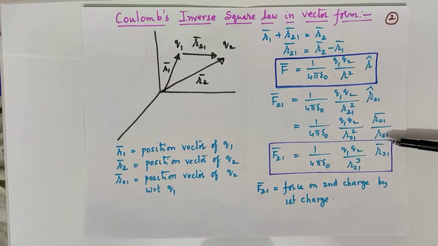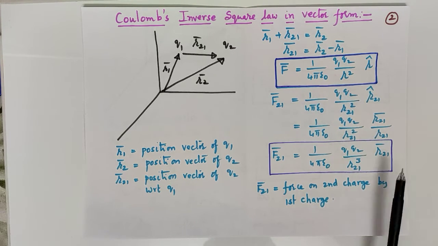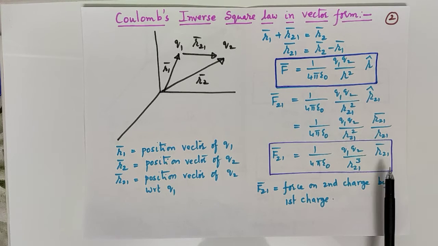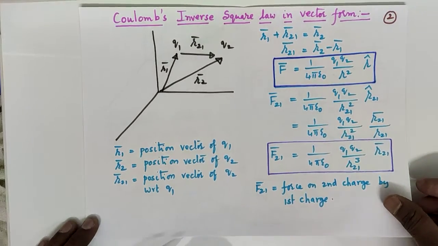Vector divided by its own magnitude. When you simplify this, we get F21 bar is equal to 1 by 4 pi epsilon naught q1 q2 divided by r21 cube into r21 bar. F21 bar is the force on second charge by first charge. R21 bar is the position vector of q2 with respect to q1.